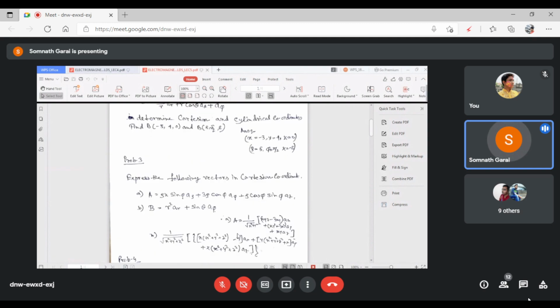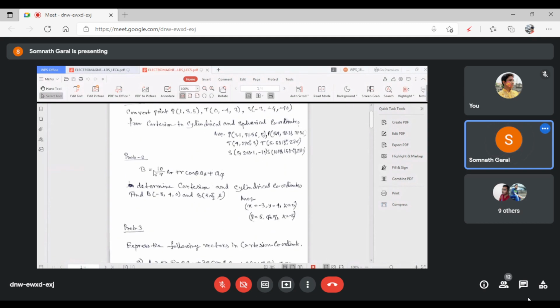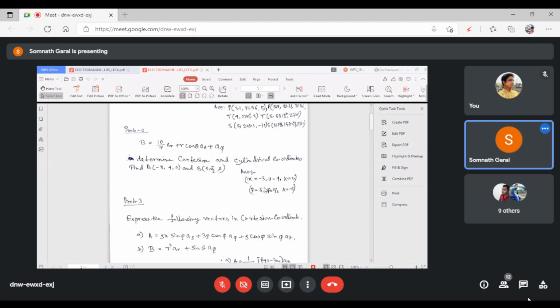I just discussed problem number 2. It is a spherical coordinate system. We convert in Cartesian and cylindrical. Process is already discussed.